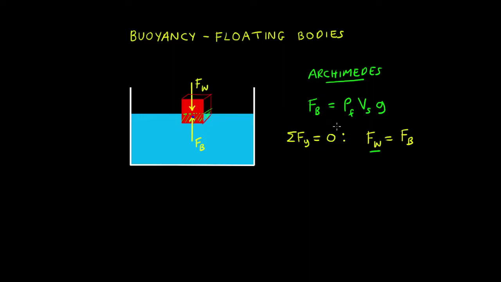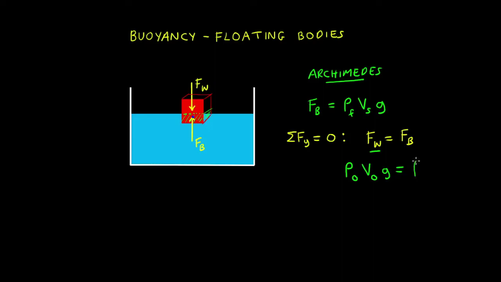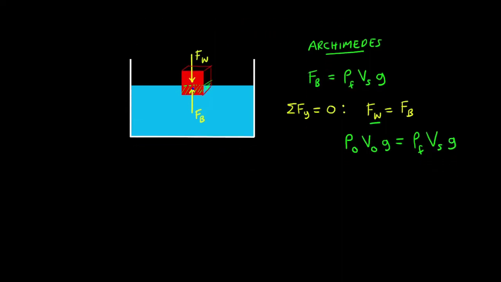Multiplied by the gravitational acceleration, I'm just going to take the density of the object, multiplied by the volume of the object, multiplied by gravity, is equal to the buoyant force. That is the density of the fluid multiplied by the submerged volume, multiplied by gravity.